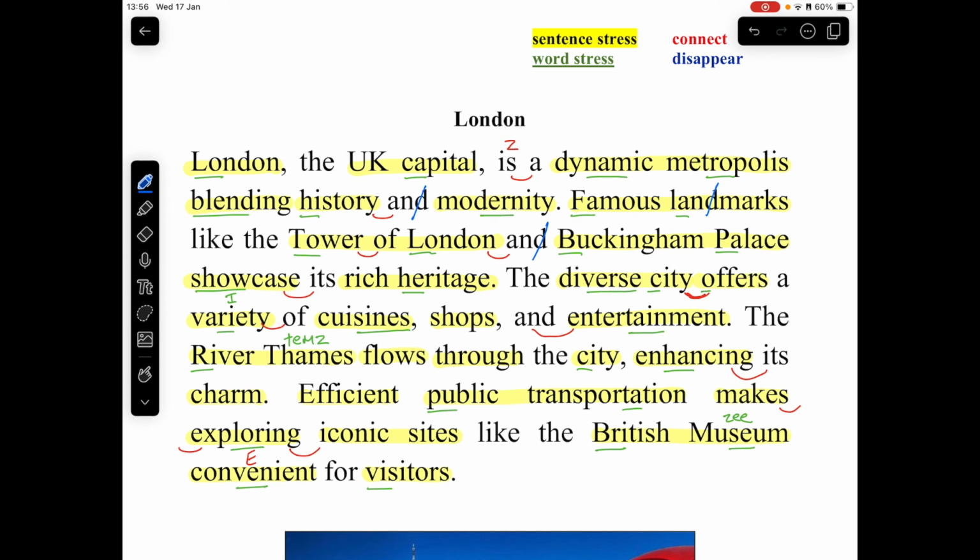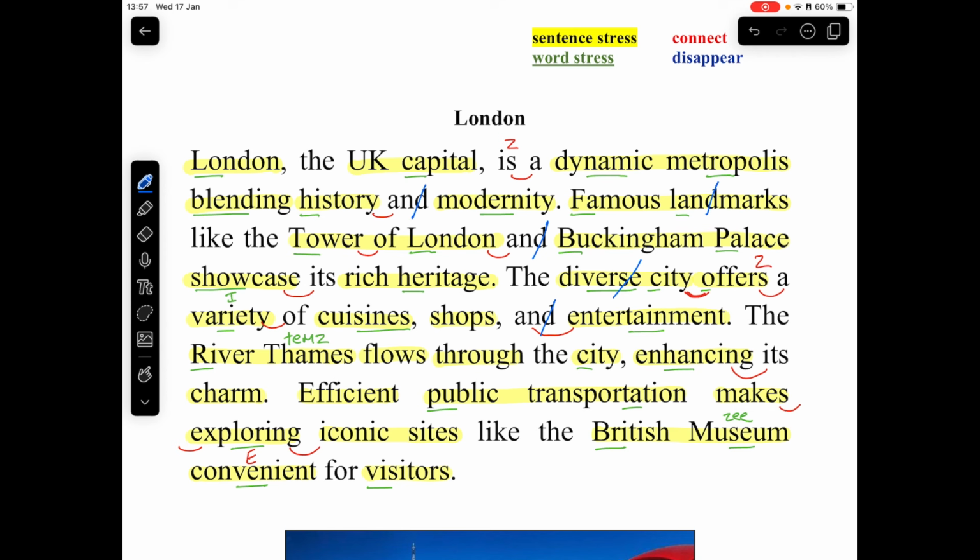Showcase its rich heritage. Next we have the diverse city. Diverse city. So we have two S sounds here. We only need one. The diverse city offers that. Now, I just noticed I missed offers a. So this is a Z. Offers a variety of cuisines, shops, and entertainment. Okay, so again, we've got a D that we can drop here. The River Thames flows through the city, enhancing its charm.